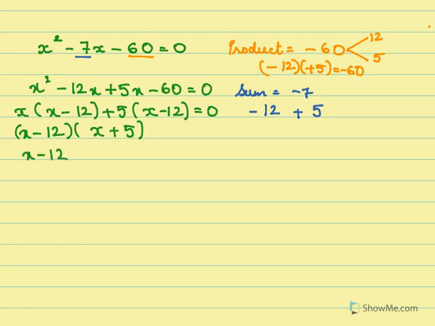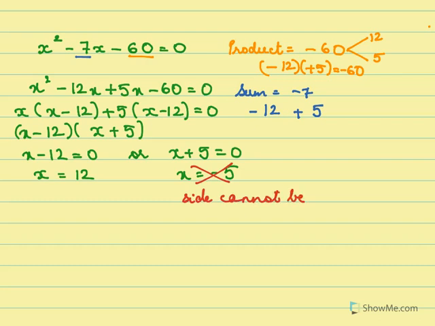So I have x minus 12 equal to 0 or x plus 5 equal to 0. So x equal to 12 or x equal to minus 5. Now this minus 5 I'm going to ignore because the side cannot be negative. So I stick to x equal to 12.